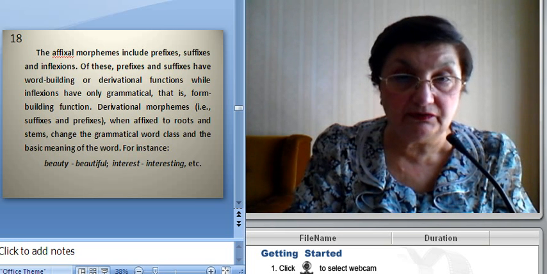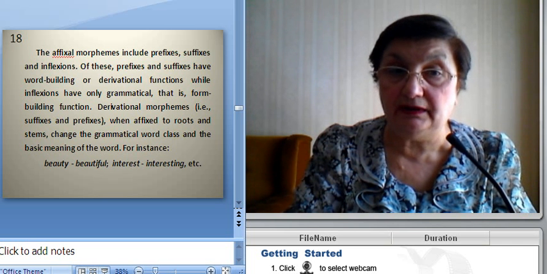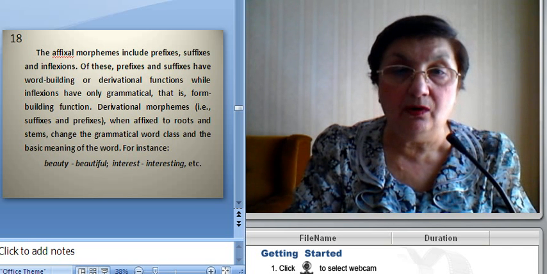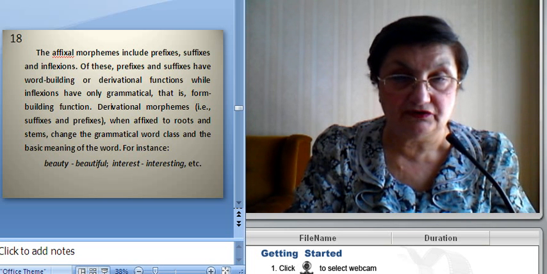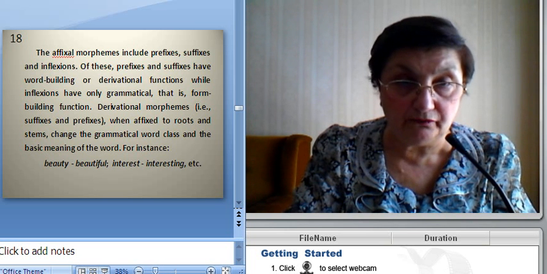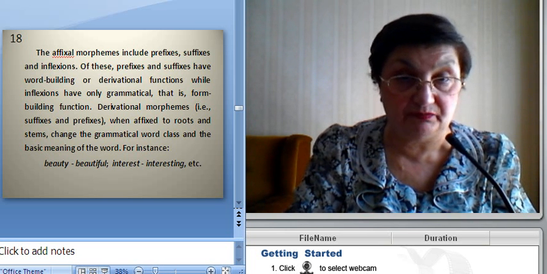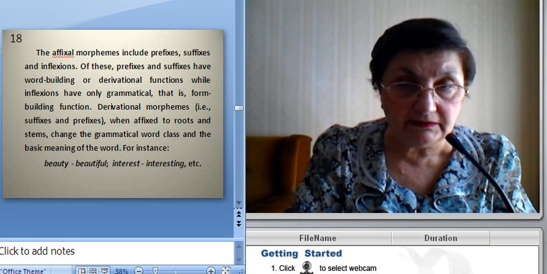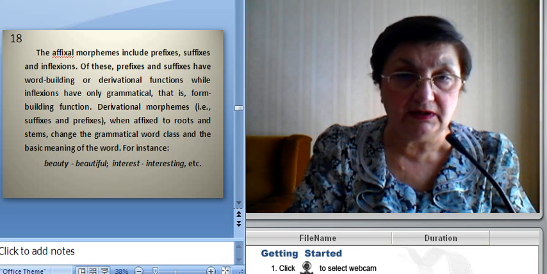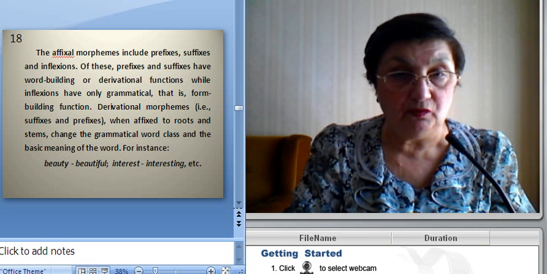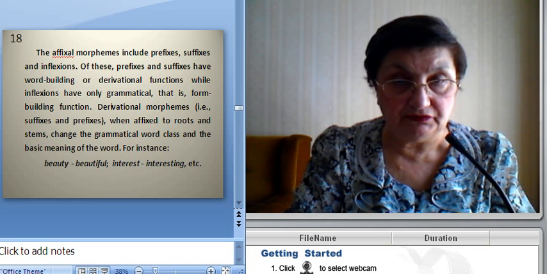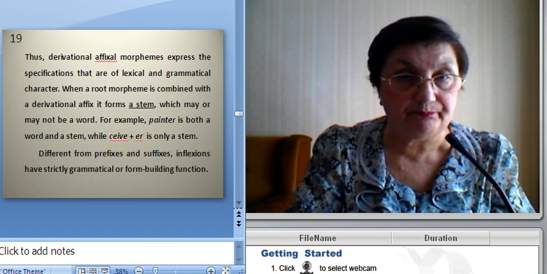Derivational morphemes, such as suffixes and prefixes, when affixed to roots and stems, change the grammatical word class and the basic meaning of the word. For instance, beauty and beautiful, interest, interesting, and others. Thus, derivational affixal morphemes express the specifications that are of lexical and grammatical character.